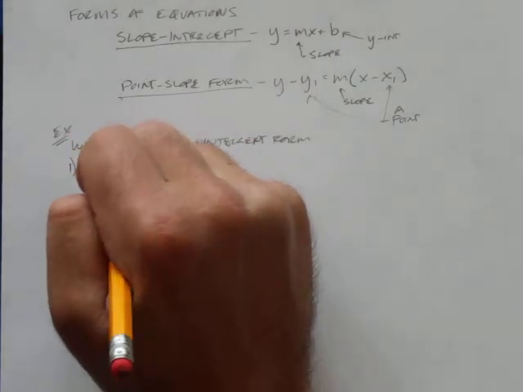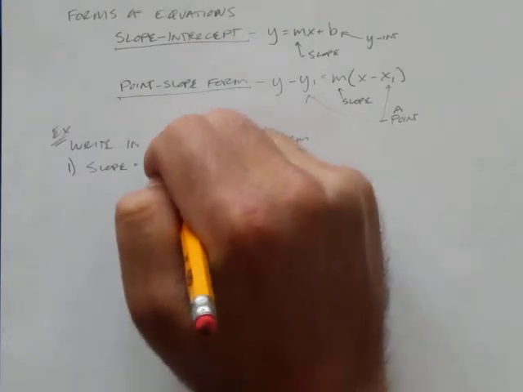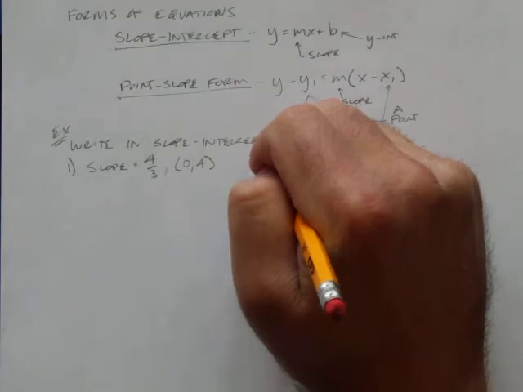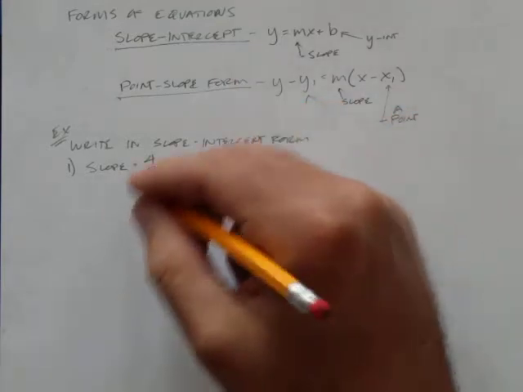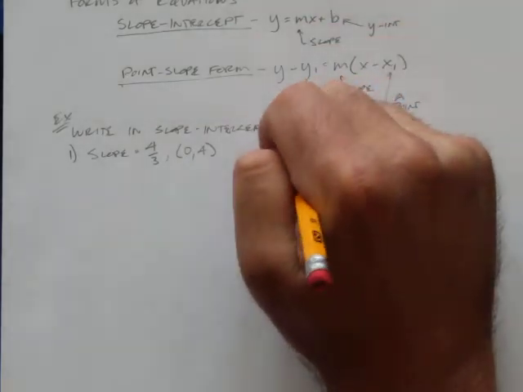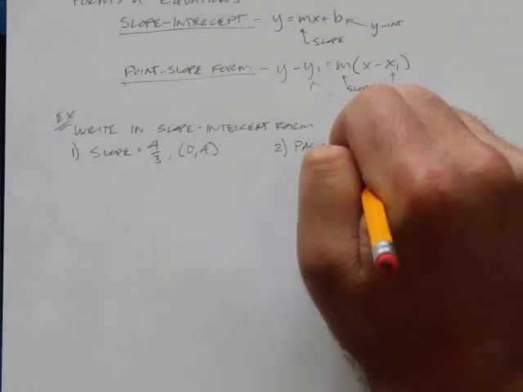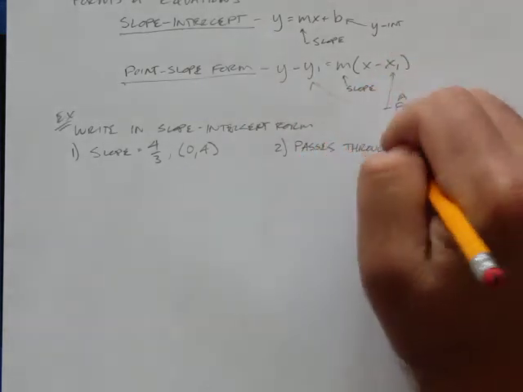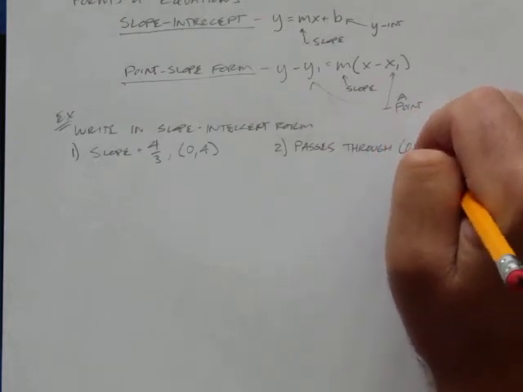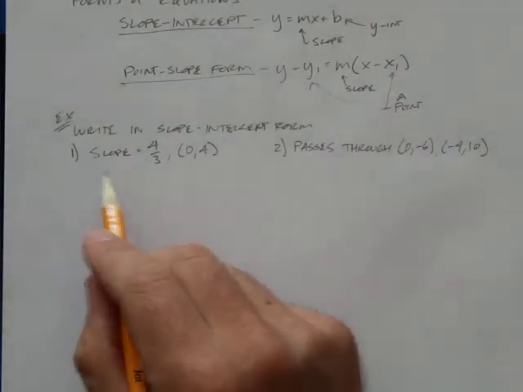If I have the slope is 4/3, and then I have a point that is (0, 4), and I'm going to write out the example, and then we'll do number 1 and then number 2. Number 2 passes through (0, -6) and (-4, 10). Okay, let's do number 1 first.